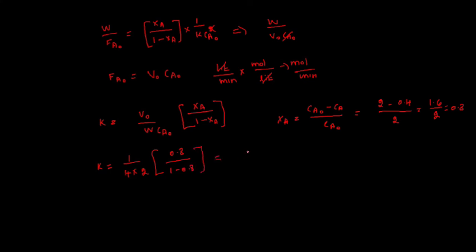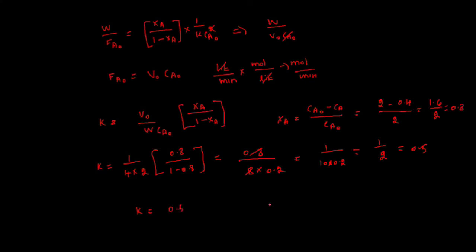We get 0.8 divided by 8 multiplied by 0.2. We multiply, we get 1 divided by 10 multiplied by 0.2, that is 1 divided by 2, that is equal to 0.5. Our k value is 0.5.